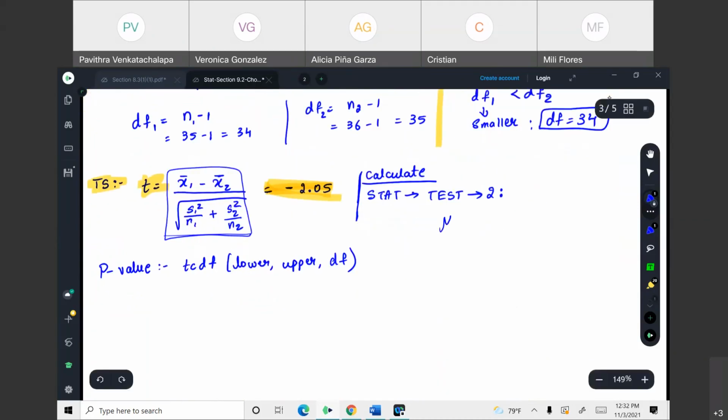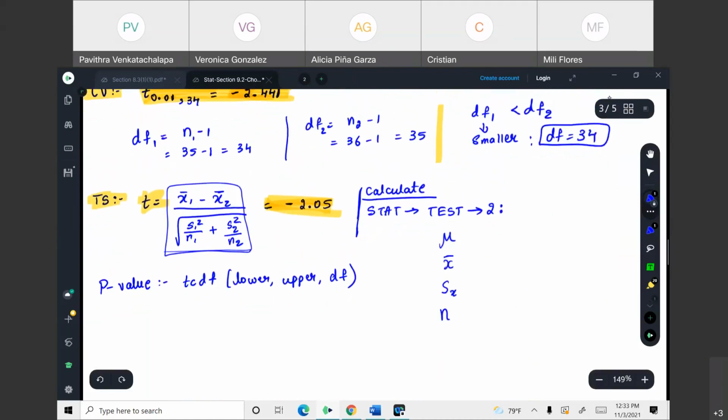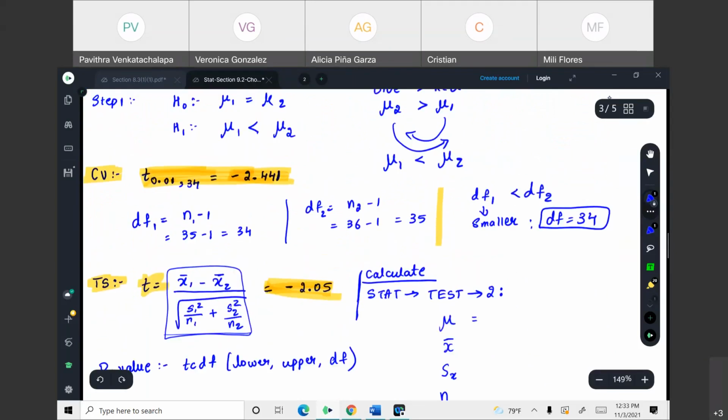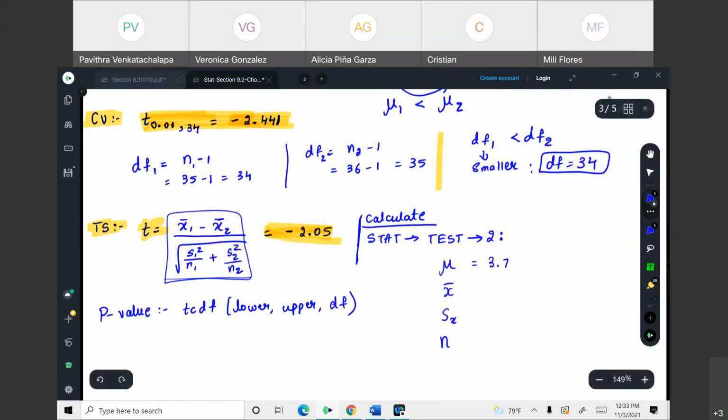So it has the mu symbol, x bar, and what else? Sx, and then your sample size n. Just try this value and tell me if you get the same answer or not.